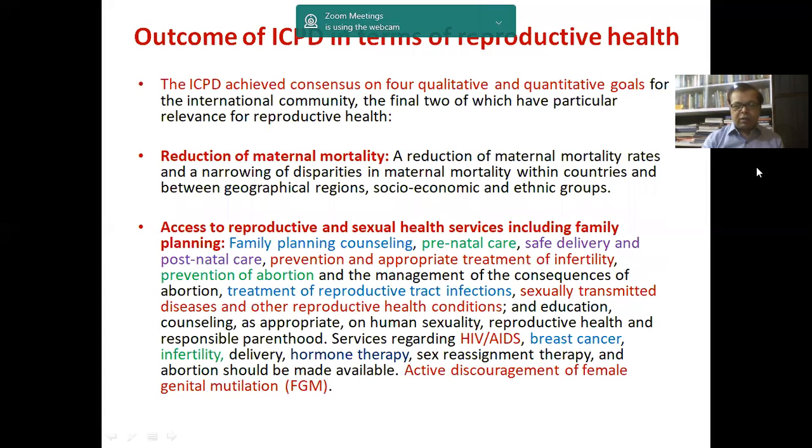All these things which are related to the different needs and requirements during the reproductive span should be made available. And then active discouragement of female genital mutilation. So there are practices of genital mutilation in several cultural contexts that also need to be discouraged.